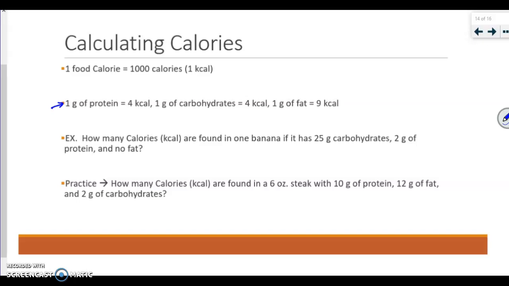So let's go through and do this example problem. It says how many calories, capital C for food, are found in 1 banana if it has 25 grams of carbs, 2 grams of protein, and no fat.